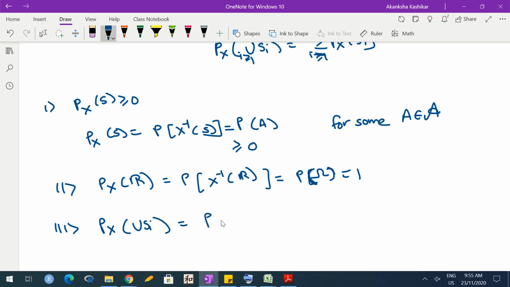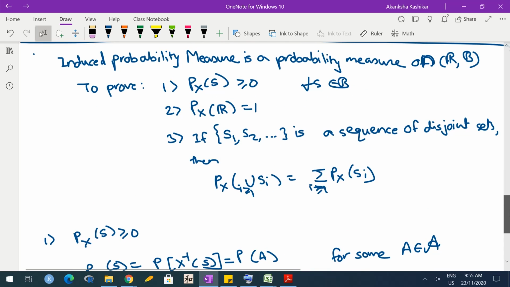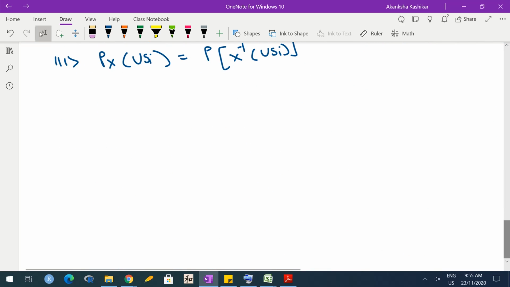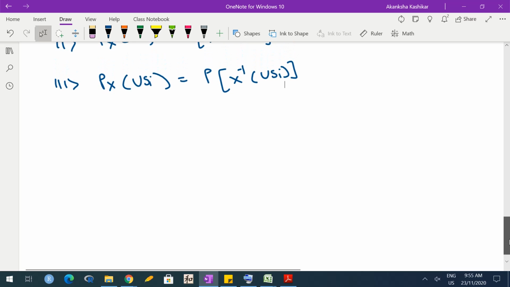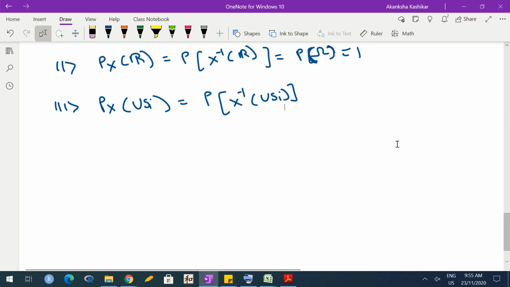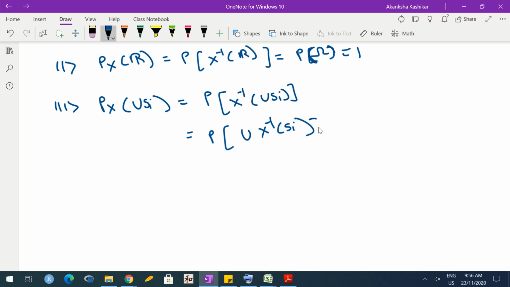And the third is Px of union Si. So this we would write as the probability of X inverse of union Si. Somewhere we need to mention that Si's are disjoint. So we know Si's are disjoint, and now if Si's are disjoint, then we also know that their inverse images are also disjoint. So this can be written as the probability of union of X inverse of Si, and these are also disjoint.